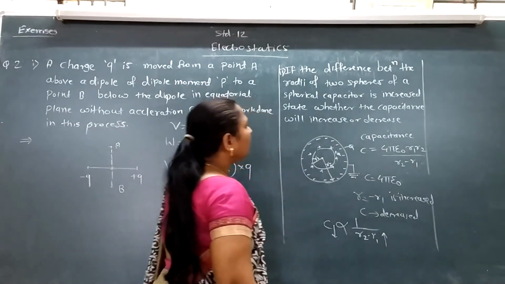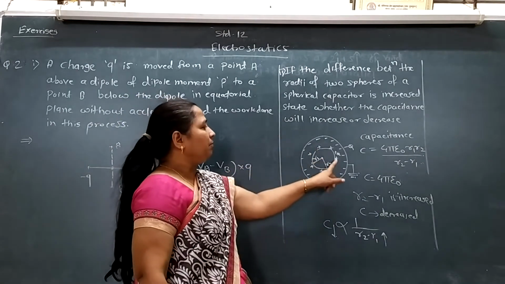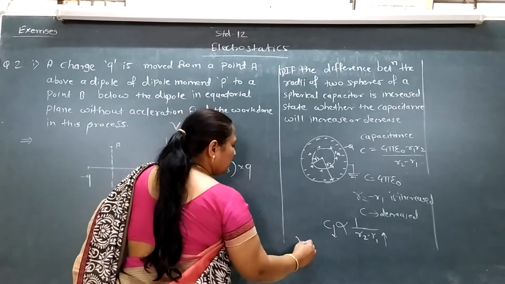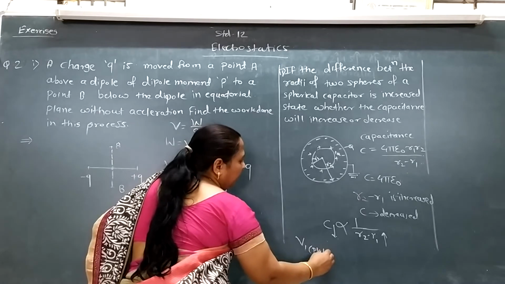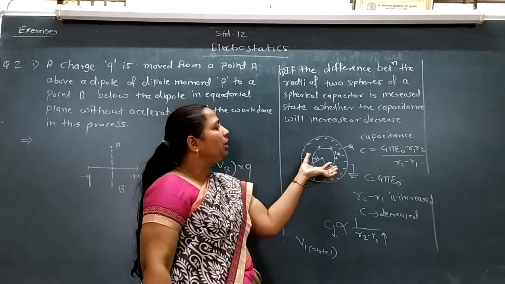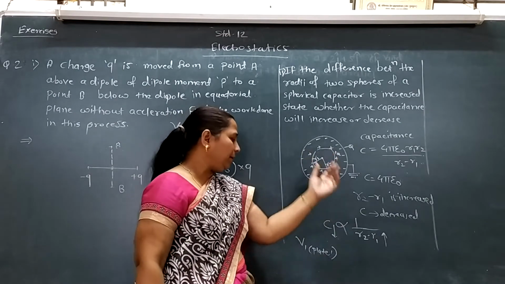Then calculate the potential on the small spherical plate, V1.